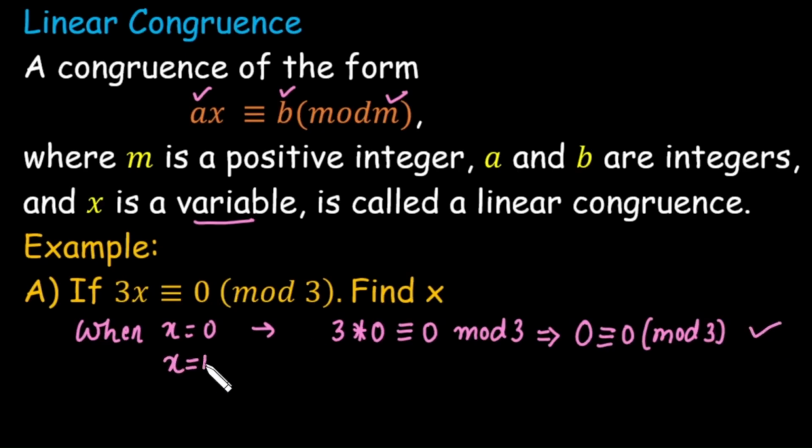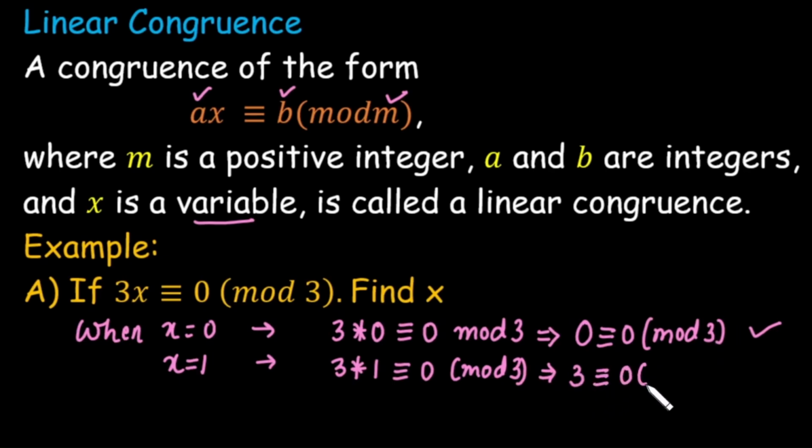When x is equal to 1, 3 times 1 is congruent to 0 mod 3. Yes. How? Because 3 times 1 is 3, and when it is divided by 3, the remainder is 0. So again this is true.